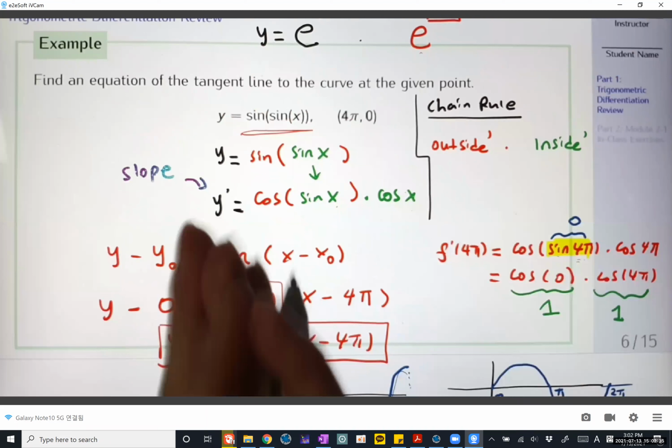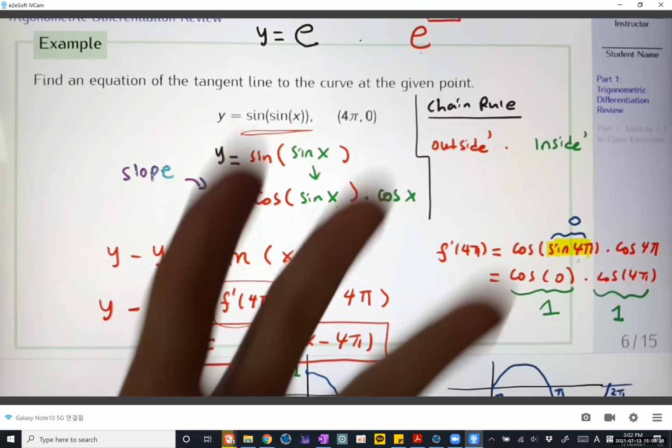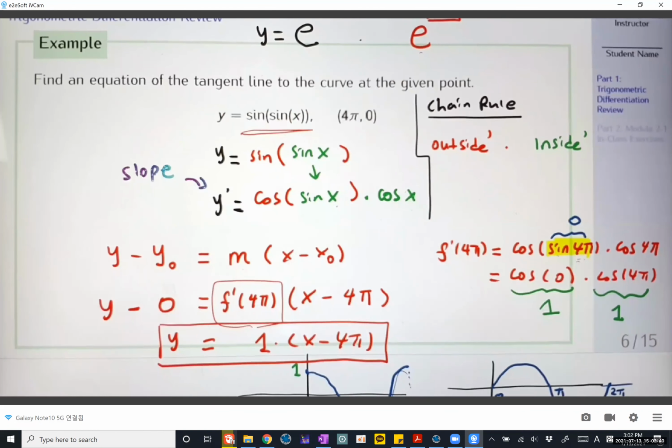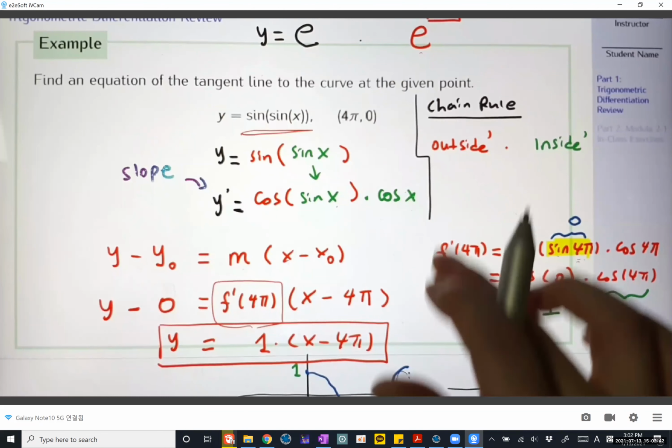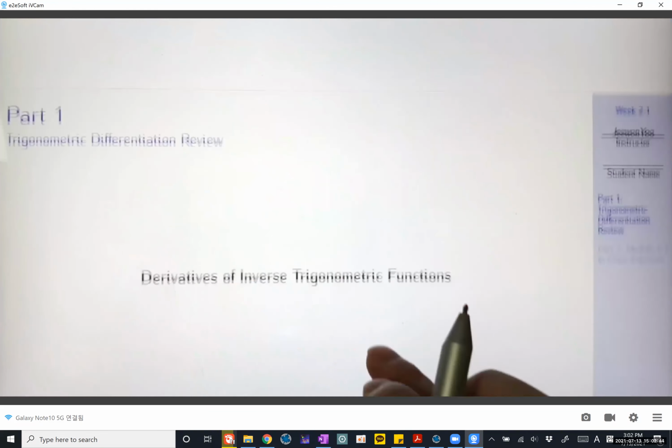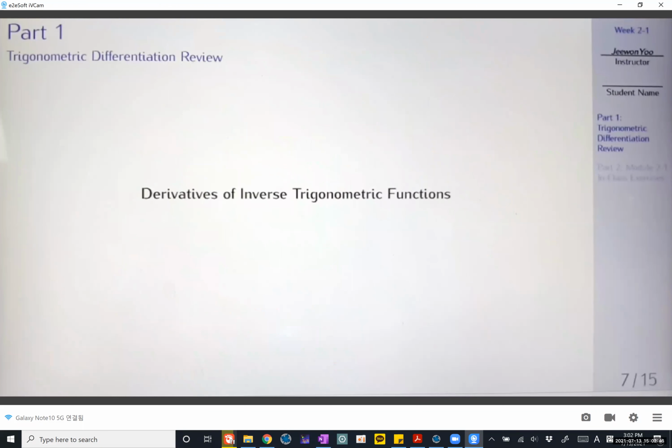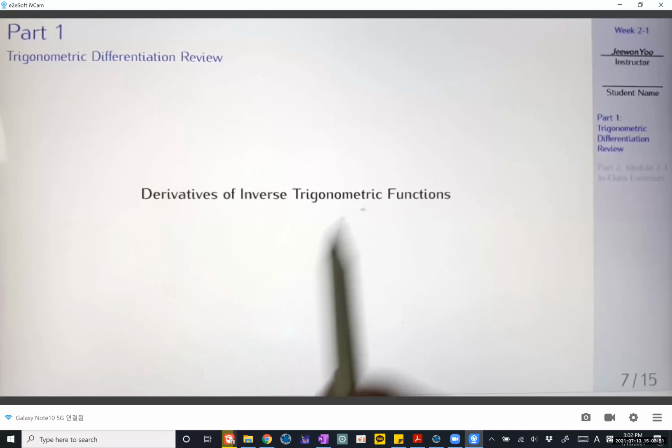Besides calculus problems, I chose some pre-calculus problems that might be helpful for the future. Oh, sorry, still calculus. Yeah, sorry, I totally forgot about the derivatives of inverse trig functions. It's also very important.